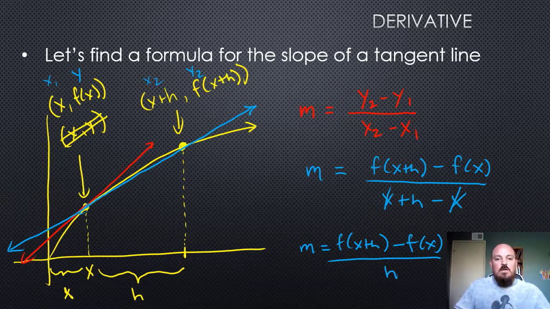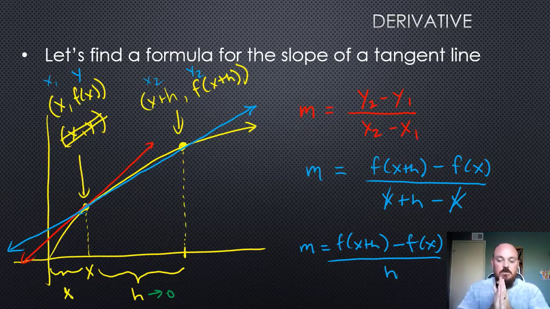So what we really want is, and this is why we set it up this way, instead of picking a second point as just any point, we set it up as a distance away from x. Now what we want is for that distance to be as small as possible. The way we say that with limits is we want h to approach 0. Meaning we want the distance between them to be as close to nothing as possible without quite being nothing.